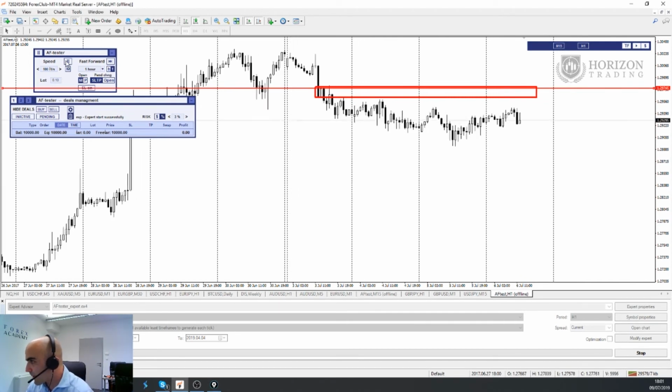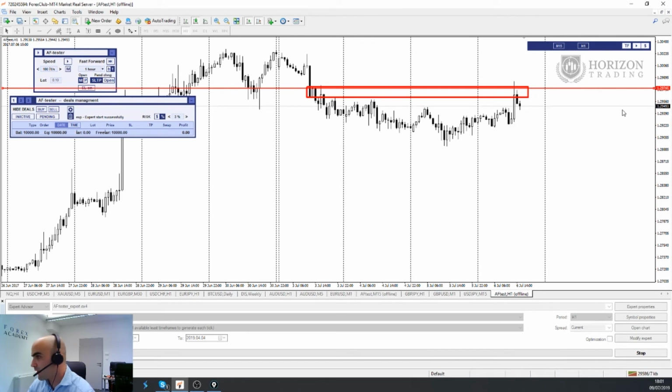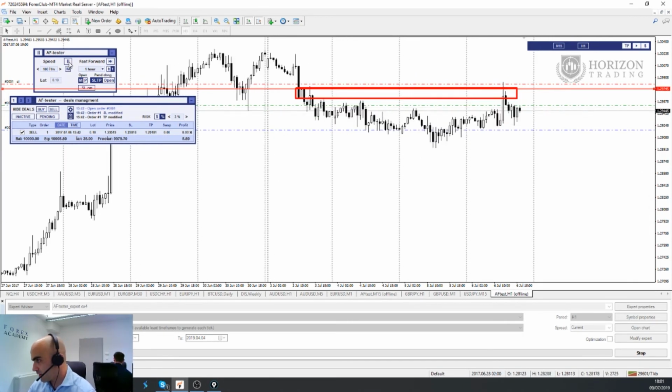Want to see here is a very good level. If the fractal is formed here, I want to open a position, 0.10 lot, and we will go from here.